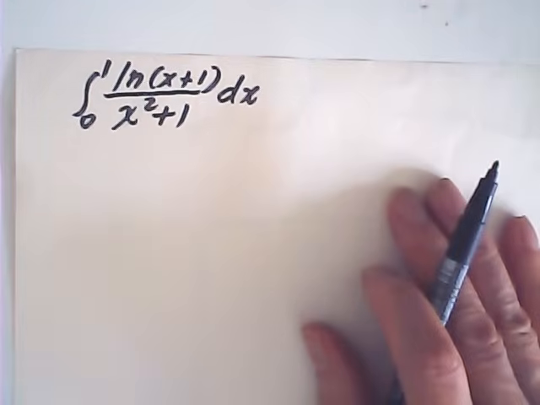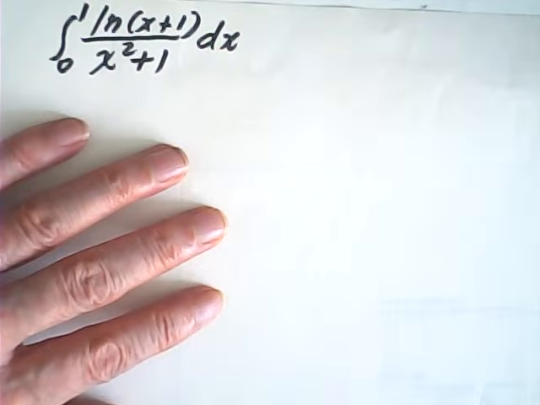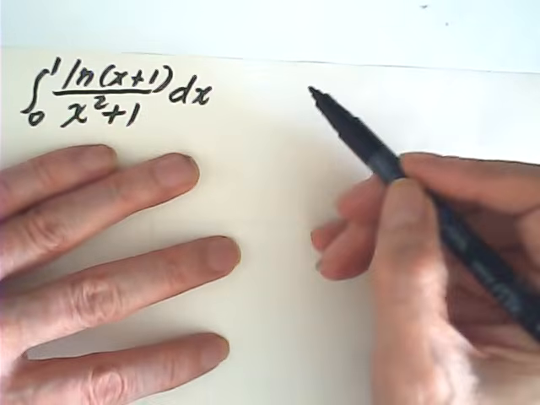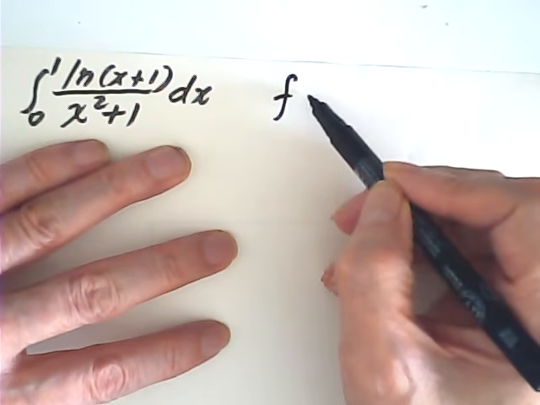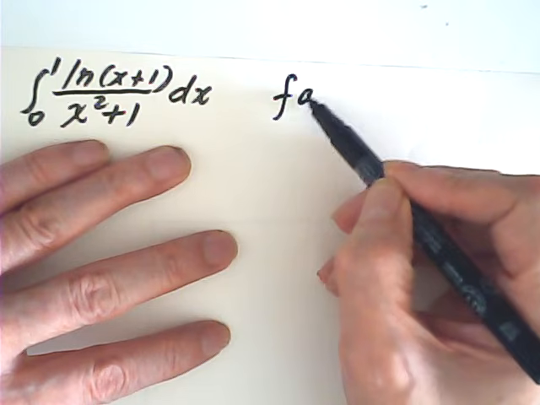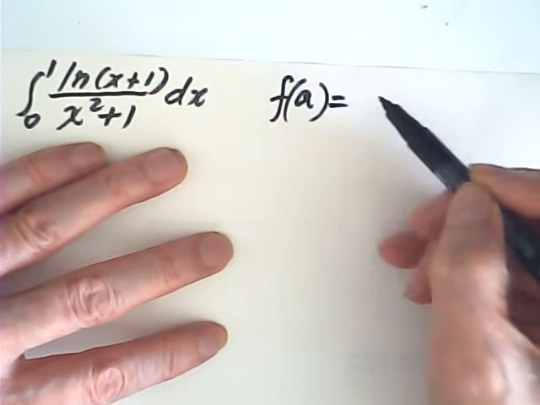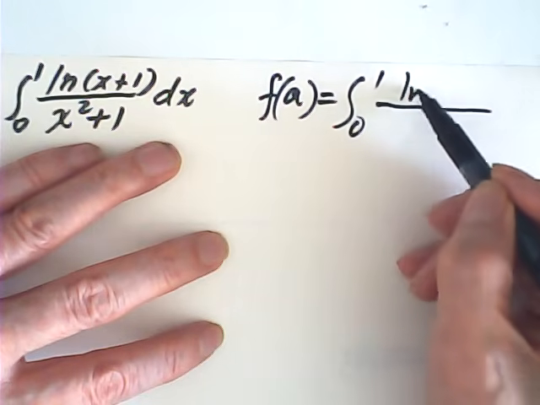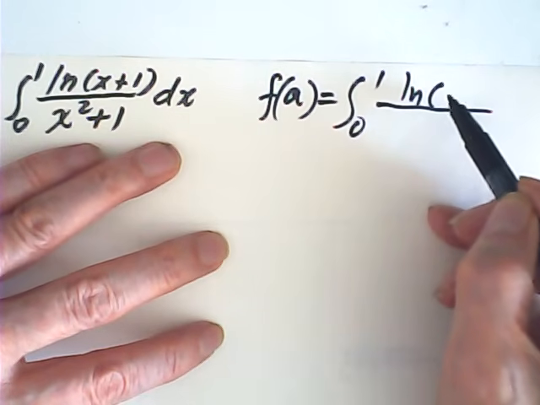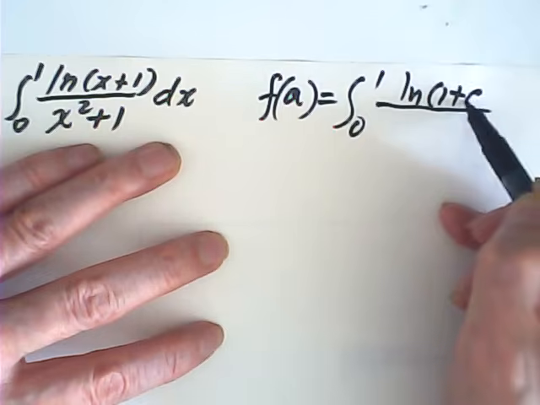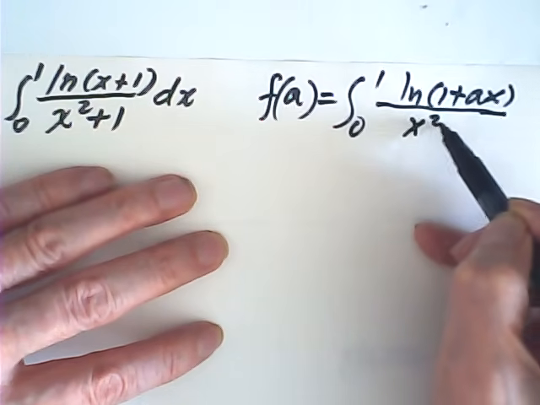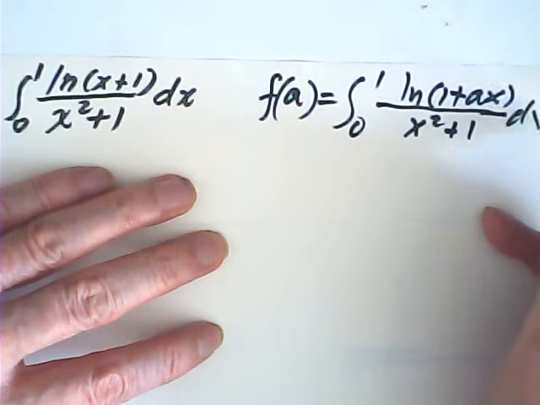Method 6. I'm using a Feynman treatment. Let f of a be equal to the integral from 0 to 1 of log(1 + ax) over x squared plus 1 dx.